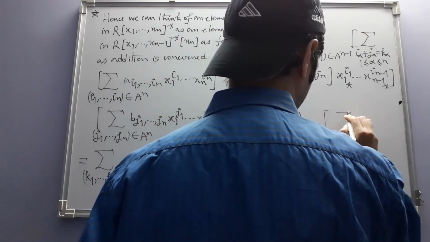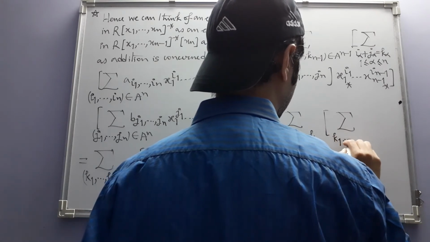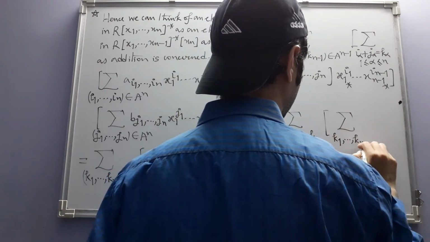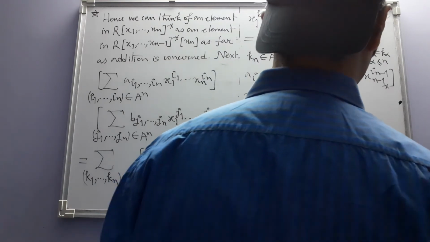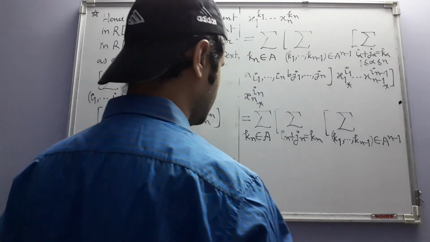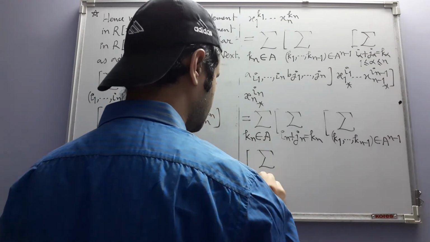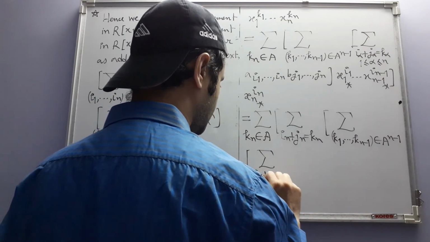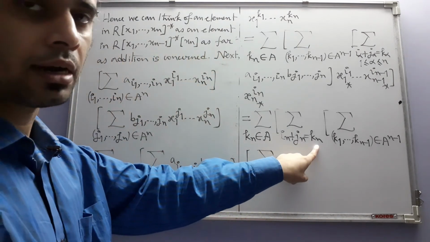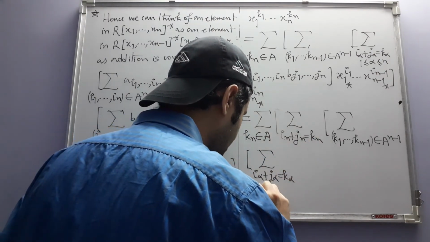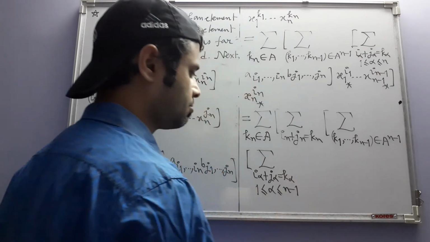Then inside, summation K1, K2 up to Kn minus 1 varying over A to the n minus 1. Then inside of that still, summation I alpha plus J alpha is equal to K alpha, but because we have taken this outside, alpha no longer varies from 1 to n, but from 1 to n minus 1.